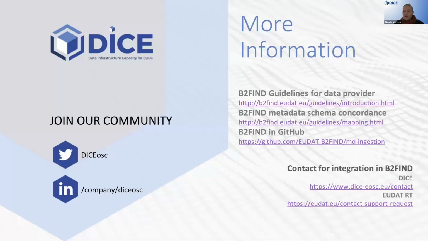Fortunately, as we are at the end of the whole line, we don't need some reliable things. If you want to have your data integrated in B2Find and be findable, searchable in B2Find, then you just write a request via EUDAT.